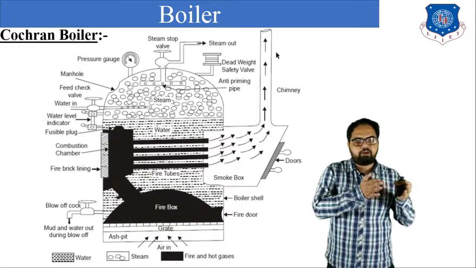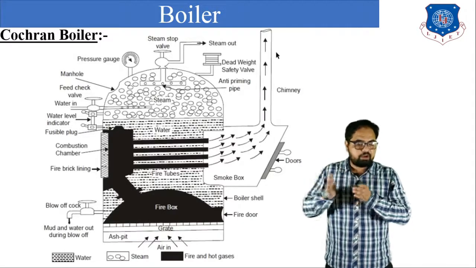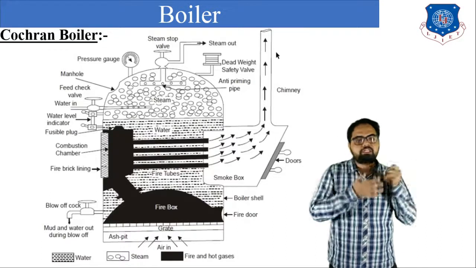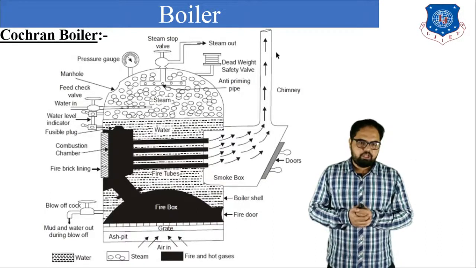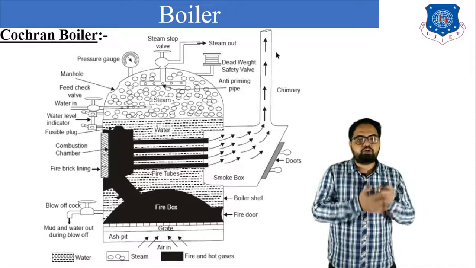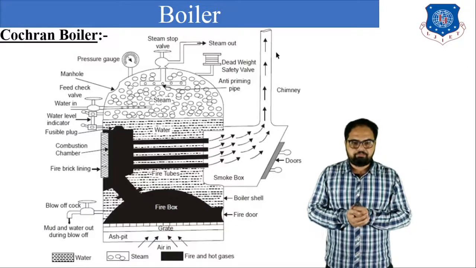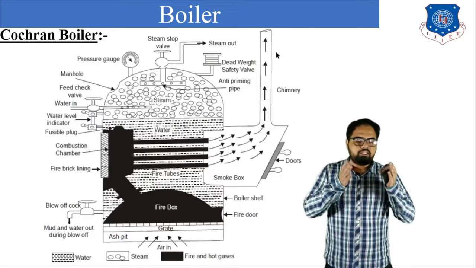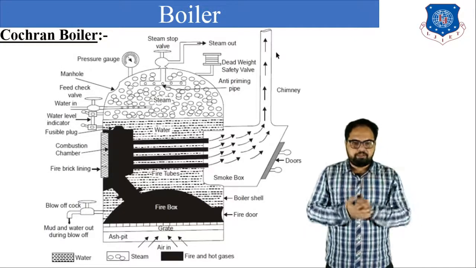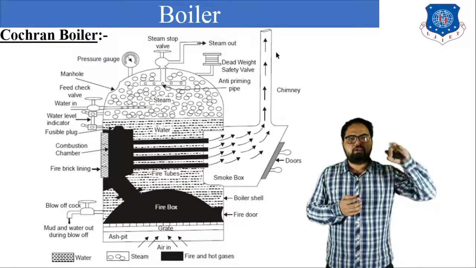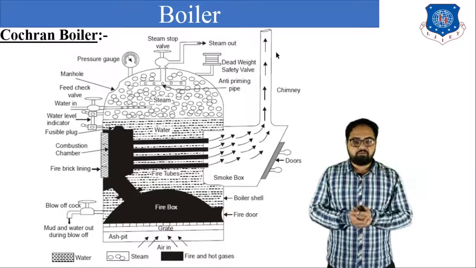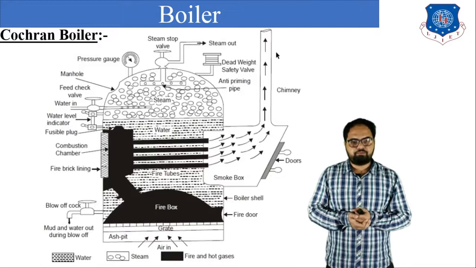One end of the fire tube is connected inside the combustion chamber and the other end opens inside the smoke chamber. The smoke chamber has soot doors for removing ash particles. The smoke box is connected with the chimney, and the chimney releases all the waste gases to the atmosphere.